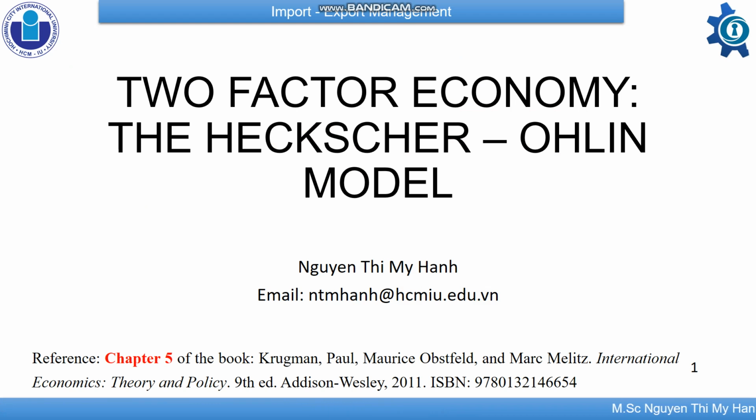So today we will go through the two-factor economy with the Heckscher-Ohlin model. For more detailed information, you can read chapter 5 of the book Krugman, International Economics: Theory and Policy, which I already gave you in the syllabus.